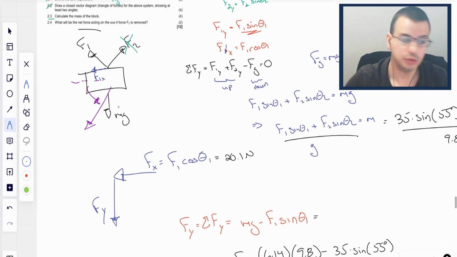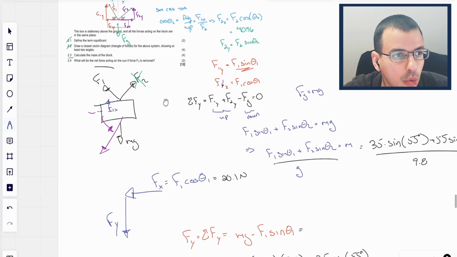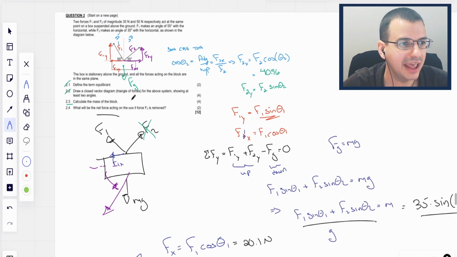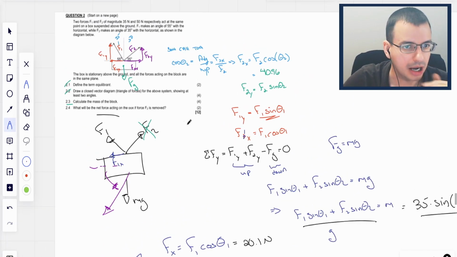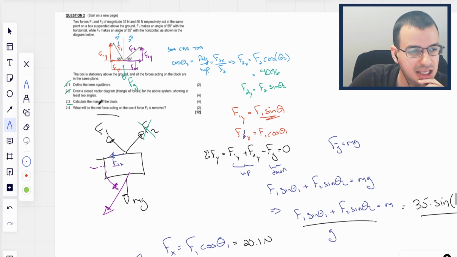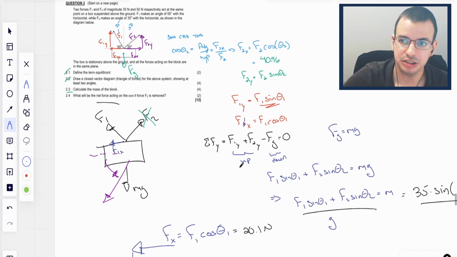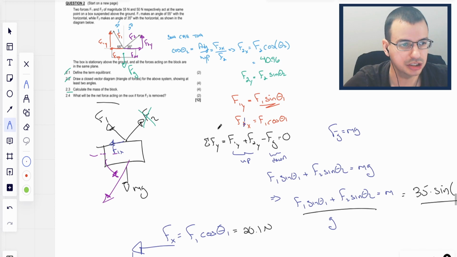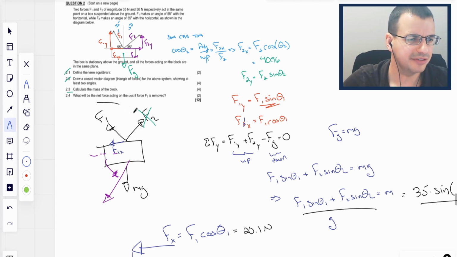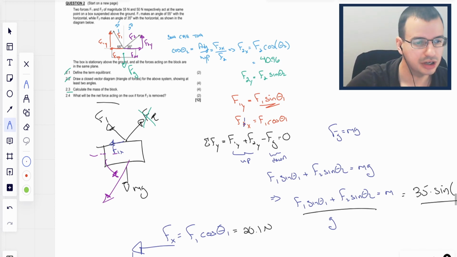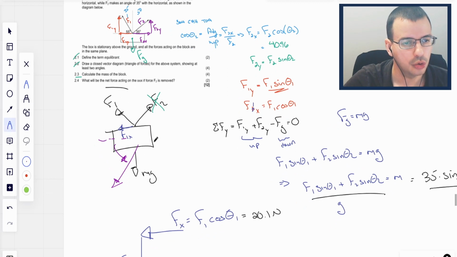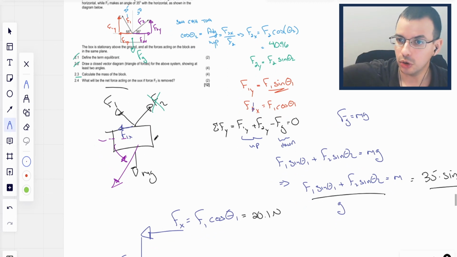So let's backtrack and recap what we did here. We had a box. We wanted to find the mass of the block. To find the mass, we did the sum of all forces in the y direction. And then we wanted to find the net force acting on the box as F2 was removed. I interpreted that as if we just immediately get rid of F2 without any repositioning yet, which direction does the box swing?